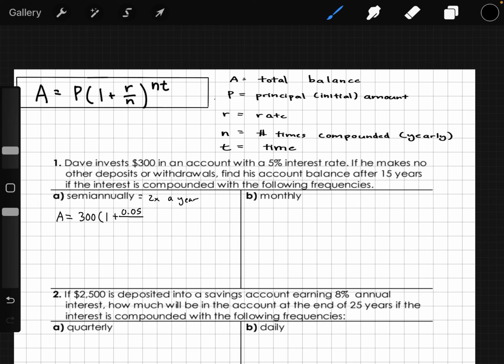The percent written as a decimal is 0.05, over 2, because it's being compounded twice a year. We're raising this to the power of n times time. So n is 2 times time, 15 years.